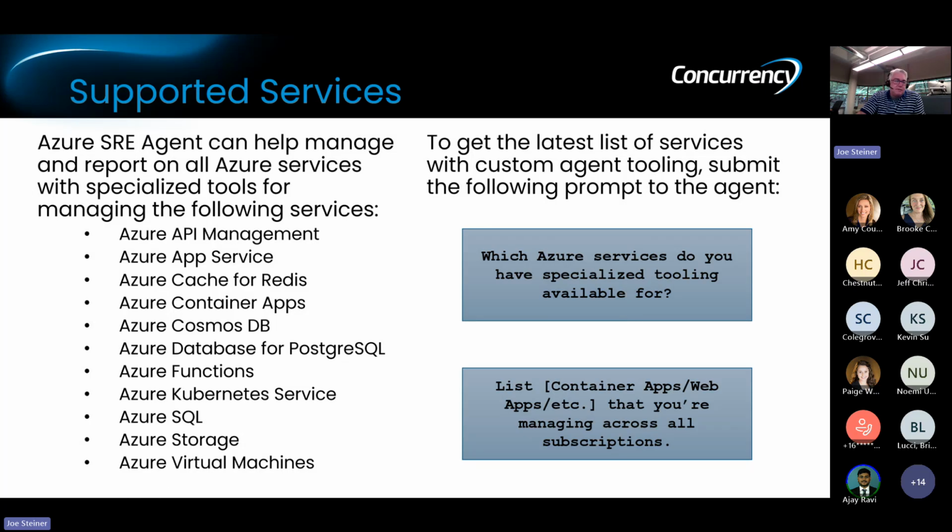As that changes, you'll see there's some changes to the list. And again, the example prompts here, you can see that you're able to do that. Be able to also see anything that you listed by apps, by services, by resources that's being managed across the subscriptions through that agent.